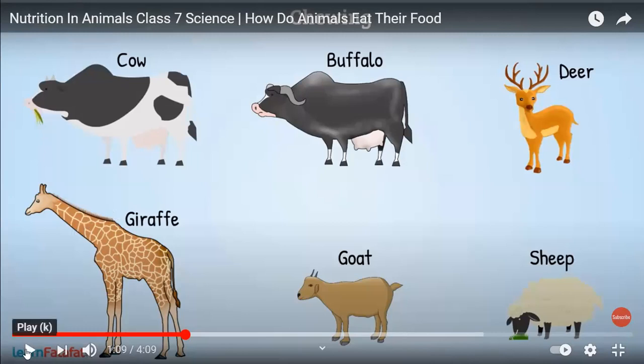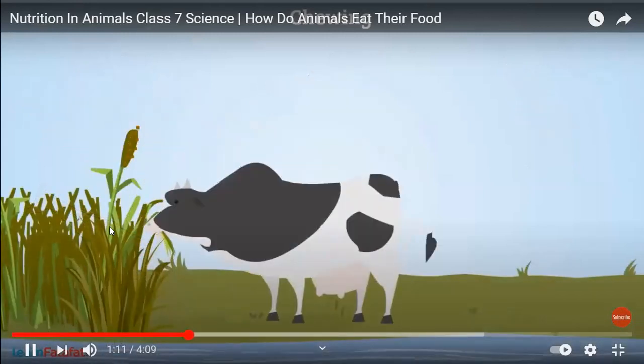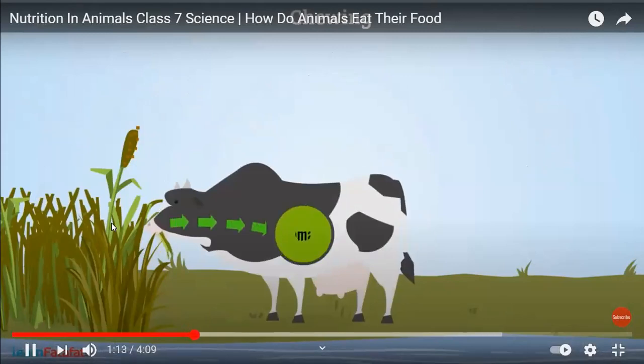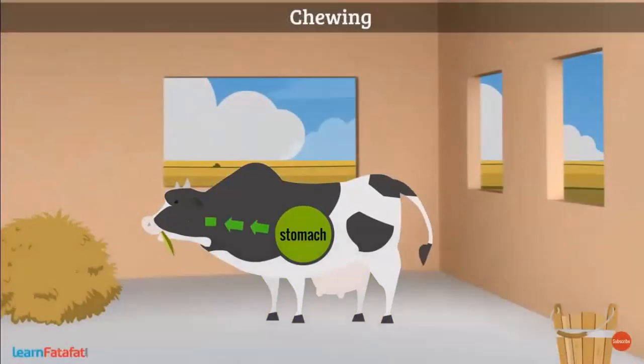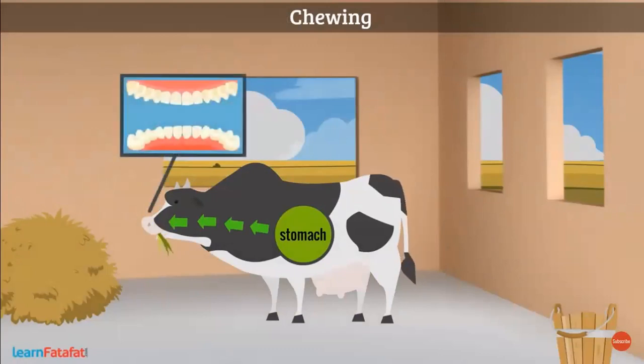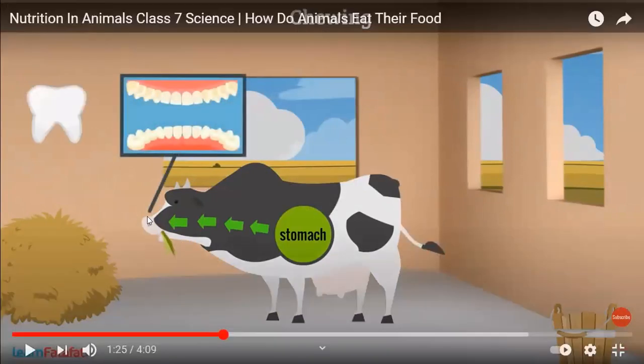That means first they bite the plants and swallow them. Later, they bring the swallowed food back into the mouth for chewing it again. For chewing and grinding the food, they have wide, flat teeth.